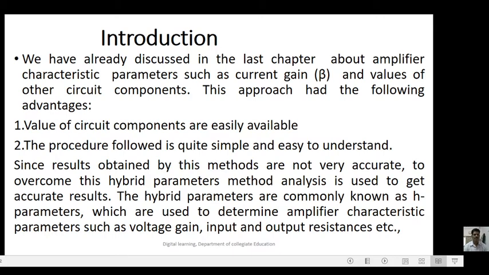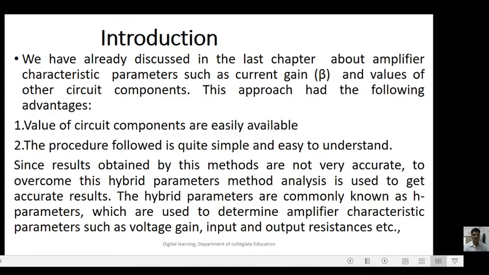Introduction. We have already discussed in the last chapter amplifier characteristic parameters such as current gain, beta, and values of other circuit components. This approach had the following advantages: the values of circuit components are easily available, and the procedure followed is quite simple and easy to understand.